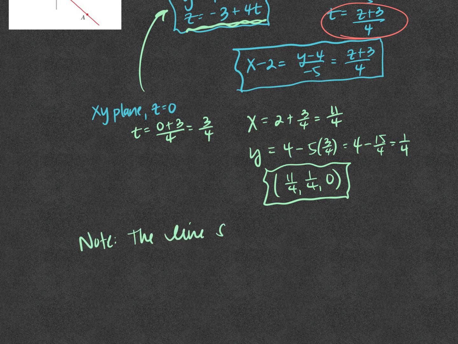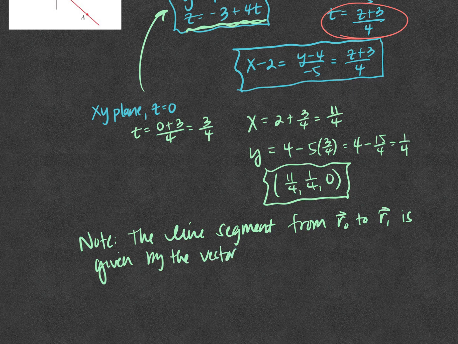So we're going to say the line segment from R sub 0 to R sub 1 is given by the vector equation R of t equals, that's a vector R, R of t is given by (1 minus t) times R sub 0 plus t times R sub 1, where t is between 0 and 1.